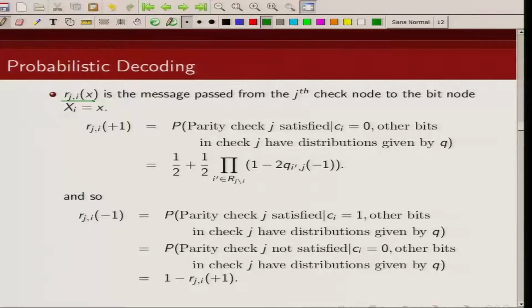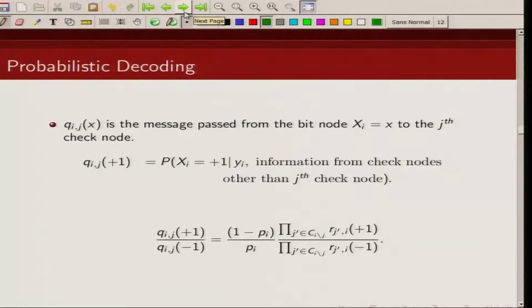What is RJI? RJI is the probability that the jth check node is satisfied given x is plus 1. So this is the probability that the jth check node is satisfied given Ci is 0, and other bits are given by the distribution given by this Q.